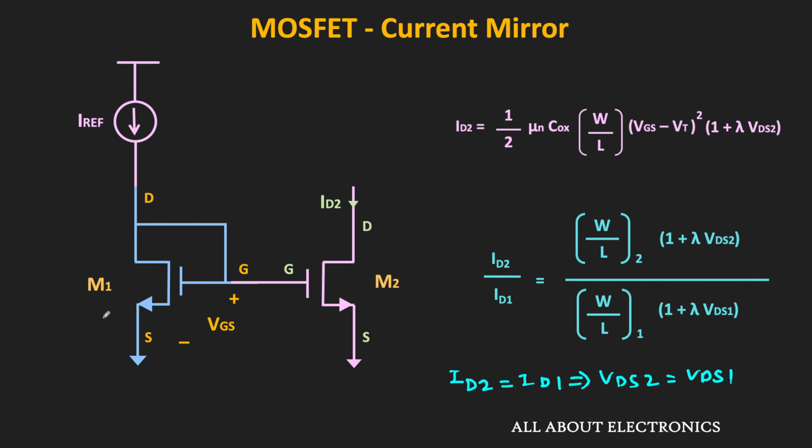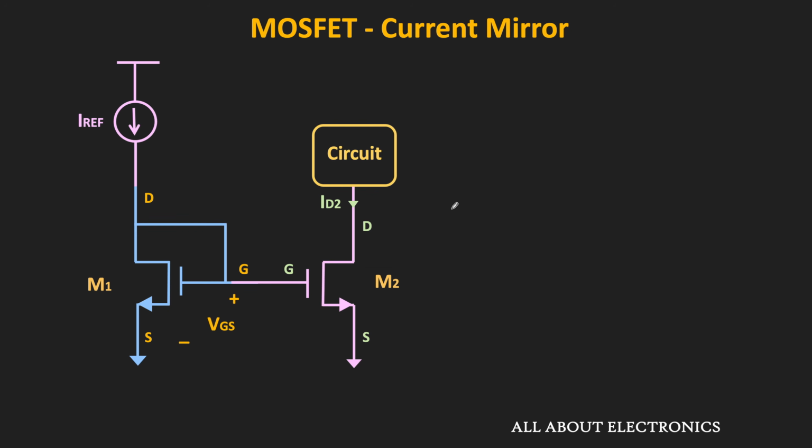Now here this M1 is the diode connected transistor, and since the gate and the drain terminals are connected together, so here this VDS1 is equal to VGS. Now actually the voltage at the drain terminal of this M2 depends on the external circuit, and therefore it is difficult to control or predict the voltage at this drain terminal.